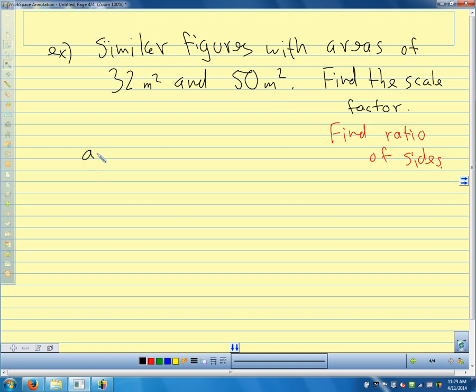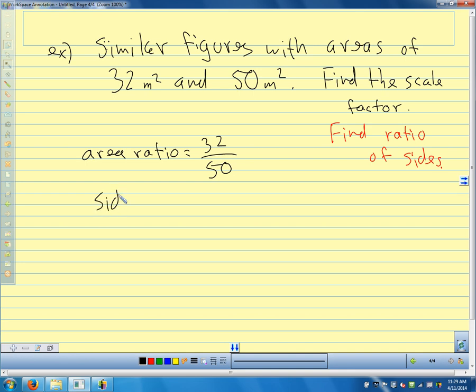So I'm going to write my area ratio. So what's going to be the area ratio? Let's make a fraction of the areas. So how do we want to write it? 32 over 50. And let's say that the side ratio, we'll use the same thing that we did at the very beginning.